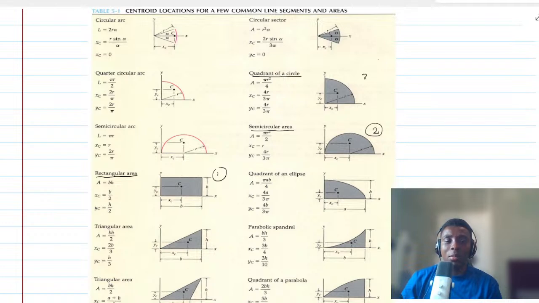So the quadrant is number three. So look at these areas, and these are some of the formulas that you can use in solving a problem under centroid. Okay. All right. So maybe let's take one question which will help you to understand the centroid very well.